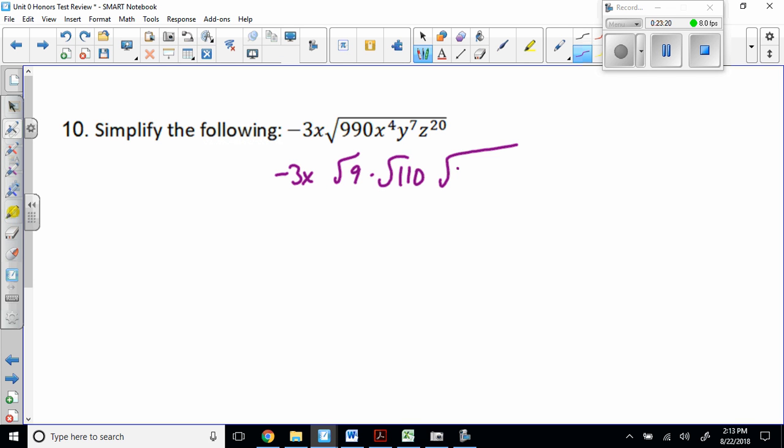And then I have all this x to the 4th, y to the 7th, z to the 20th. So this square root of 9 simplifies down to 3, right? Can I find a perfect square to go into 110? Will 4 go? Well, 9. 16.